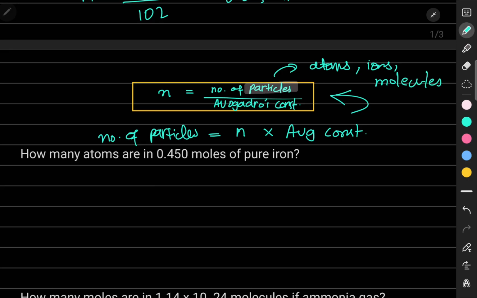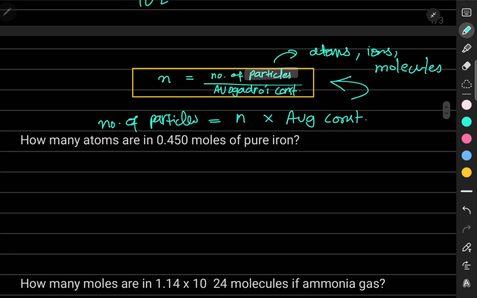Okay, so when a question says how many molecules, don't get confused because you still have to use the same formula. And if another question says how many atoms, it's still the same formula. Same for atoms, ions, molecules. All right, so how many atoms are in 0.450 moles of pure iron?